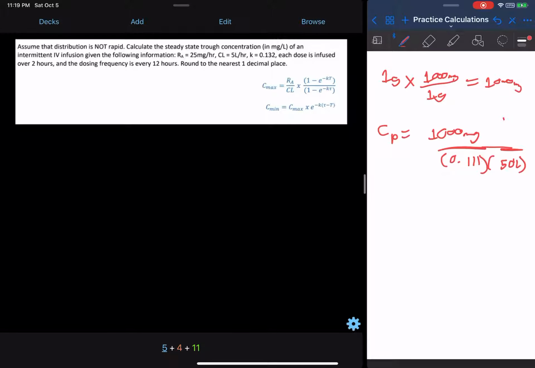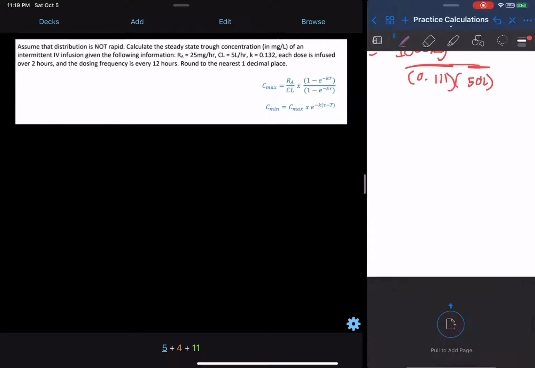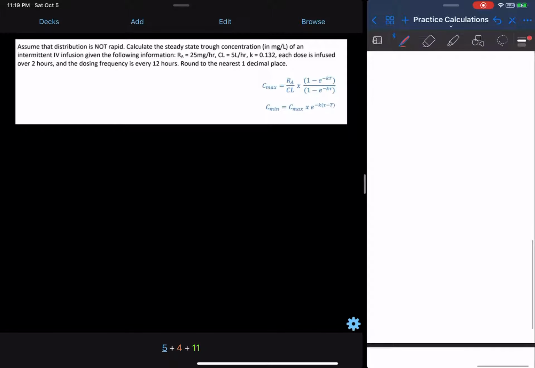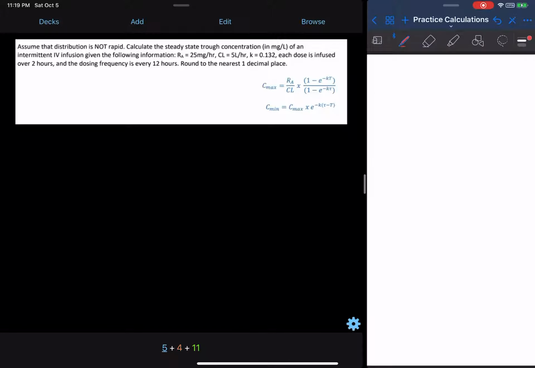There's a new one. Okay, I might need to start fresh for this one. Let's go. So what are we looking for? We're looking for the steady state trough.